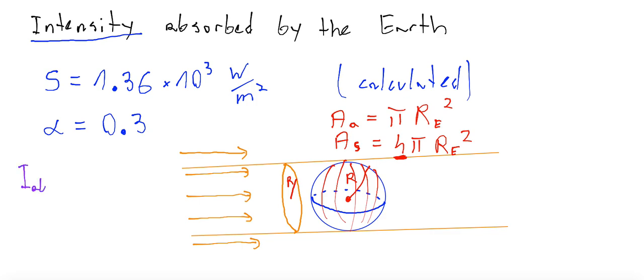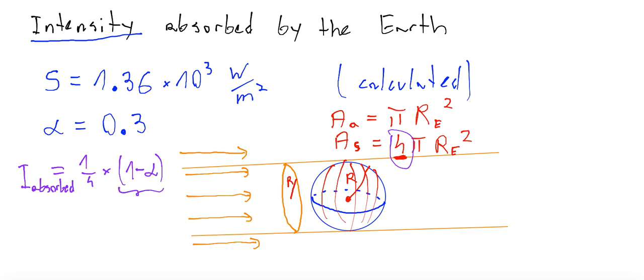So what is the intensity absorbed by the Earth's surface? The intensity absorbed is equal to a quarter of 70% of the solar constant. Or I'm going to write this in a slightly better way. It is a quarter times the part which is absorbed.